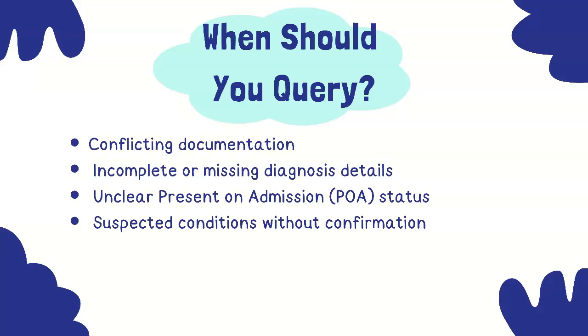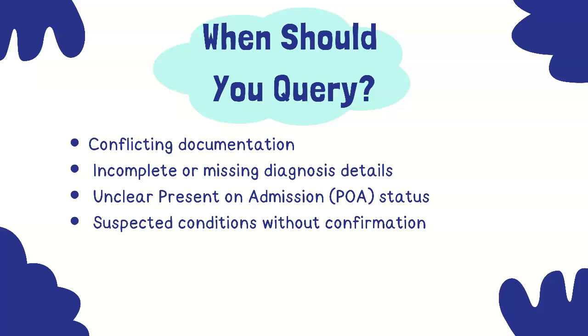Another reason is a clinical condition appears present through treatment. So remember those inpatient records that you were reading. You see they're treating something based on the treatment or the tests, right? But the condition itself is not explicitly documented by the provider.